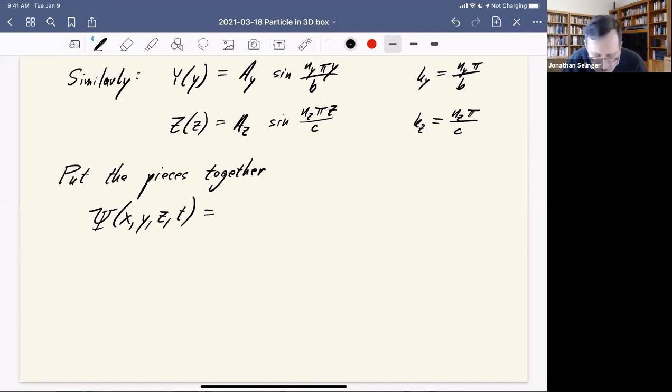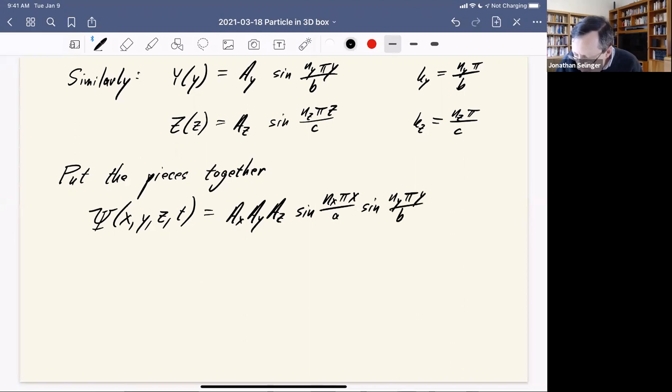That is going to be a product of a_x times a_y times a_z times 3 sines: the sine of n_x pi x over a times the sine of n_y pi y over b times the sine of n_z pi z over c.